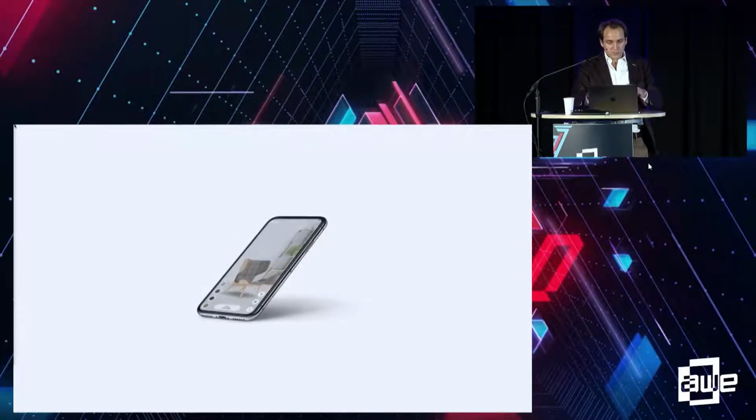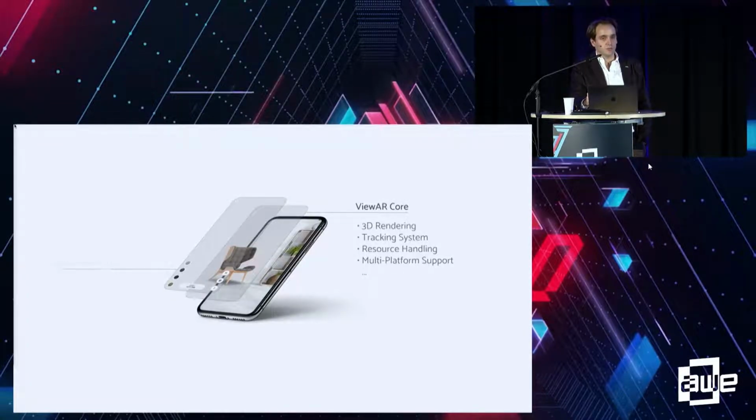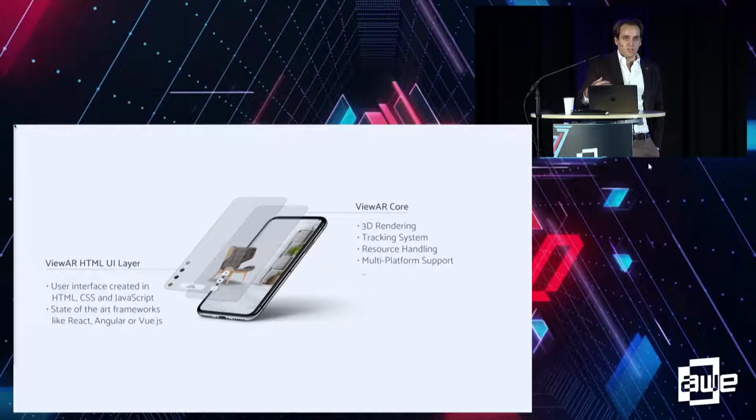The way we structure our system in terms of the architecture is that we have a C++ core that is responsible for rendering and tracking, and we overlay that with an HTML layer for the UI. So this is where web technology comes in, allowing us to use frameworks like React and Angular to create application workflows using HTML and JavaScript. The core comes in 4 different versions.